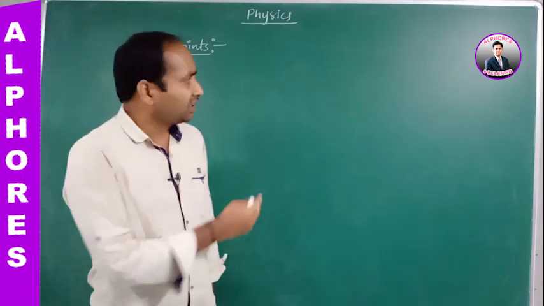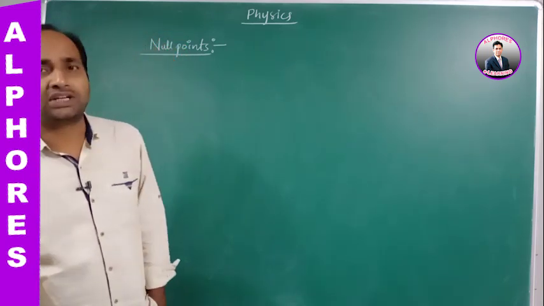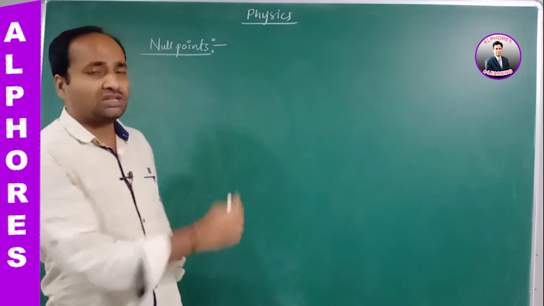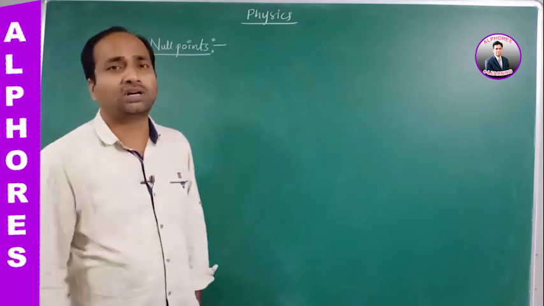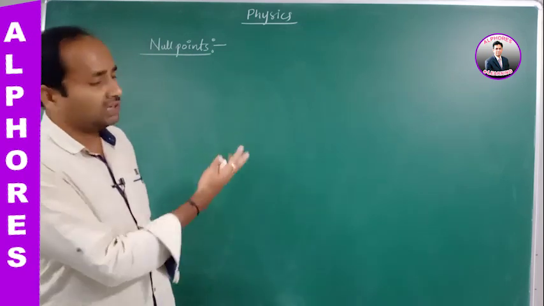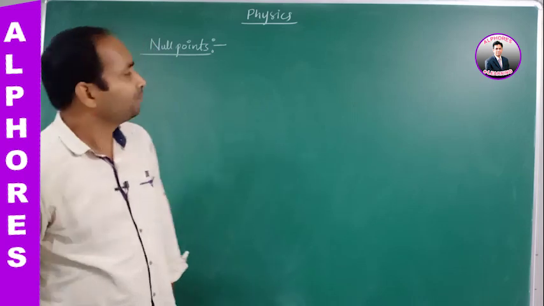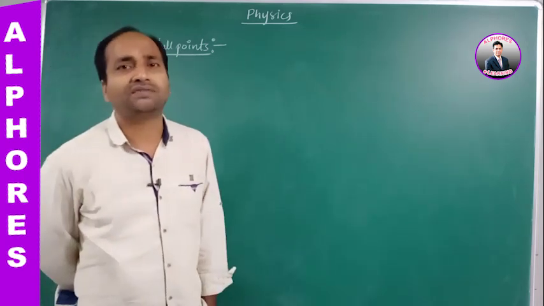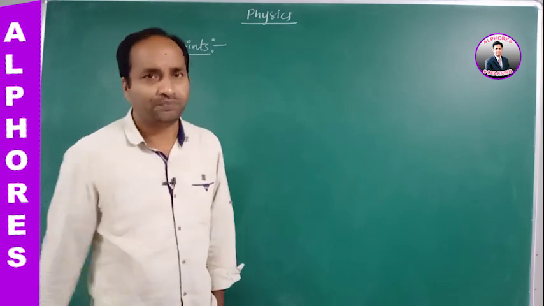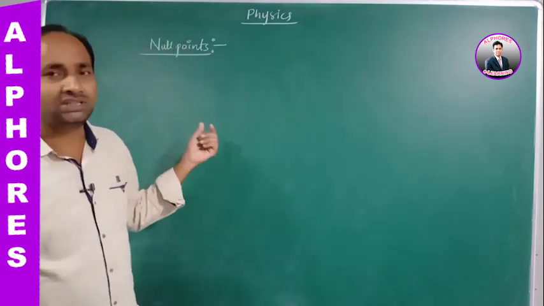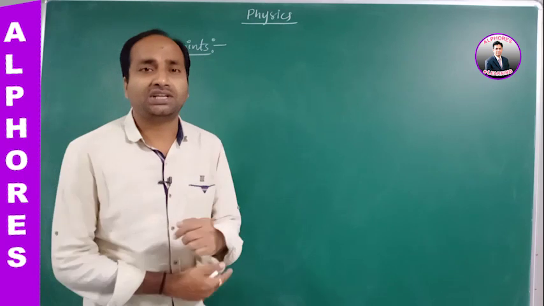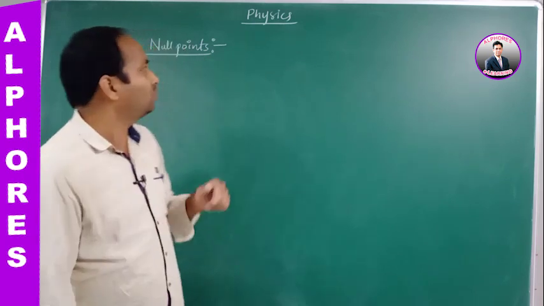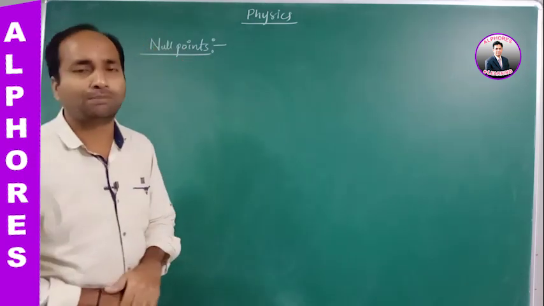In general we are calculating the intensity of electric field due to a system of charges. The magnitudes are different here, and the directions are also different. The points at which the resultant intensity of electric field becomes zero are called null points.